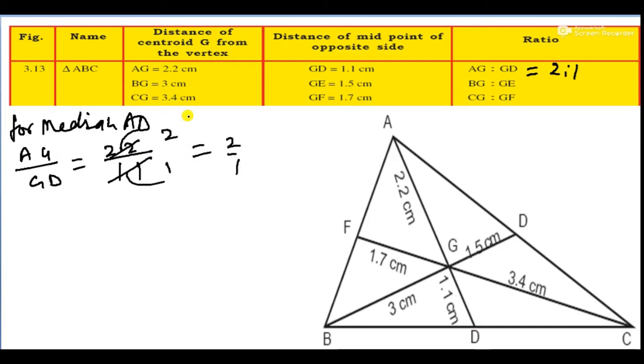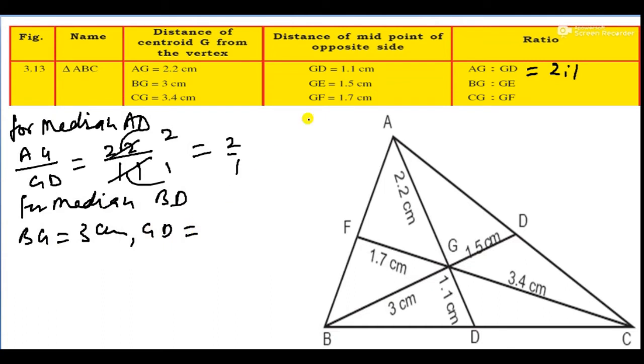Now what happens in the second median, BD? Where is BD? Here BG is given as 3 centimeter and GD is 1.5 centimeter.